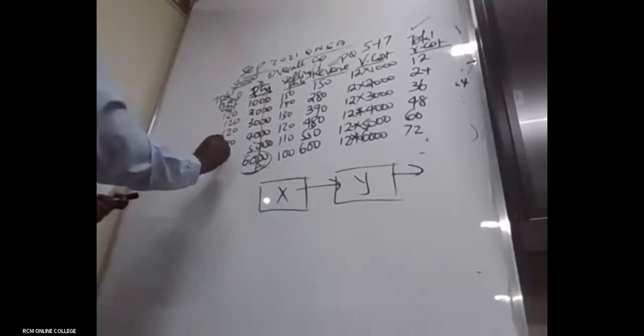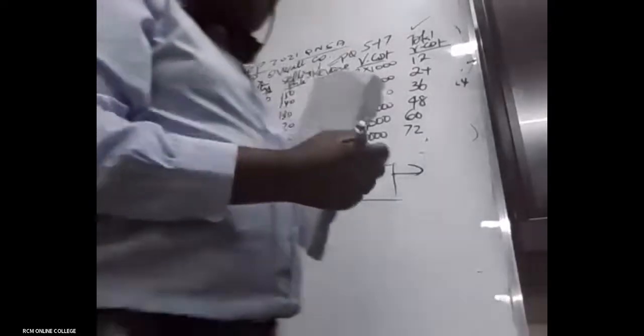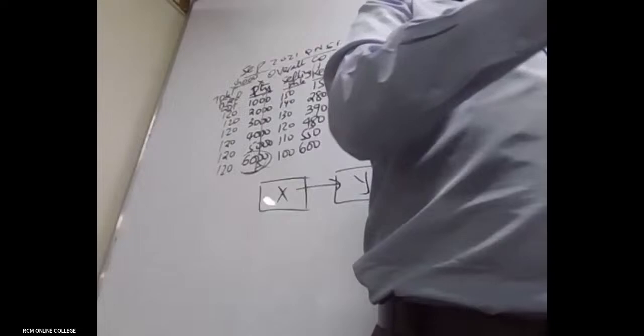Then if I'm using this approach, what should I do to get the profit? Now we have the variable cost, we have the fixed cost. What do we do to get the profit?